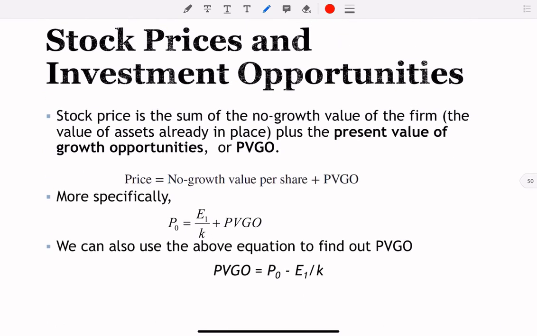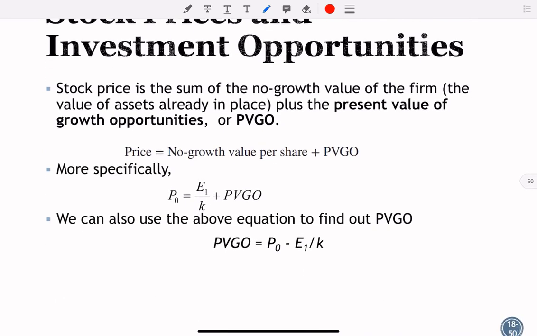Okay. A different way to think about this is that a stock's price could be decomposed into two parts. The first part is no growth value. The second part is growth value. To be more specific, how do you calculate a stock's value if there is no growth? Well, you just set G equals 0, right?